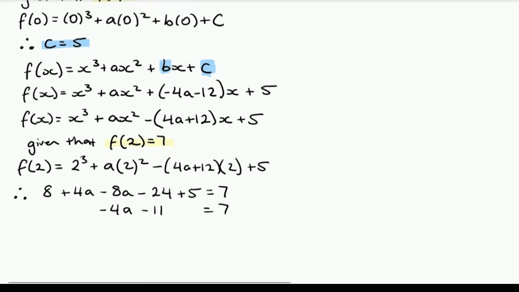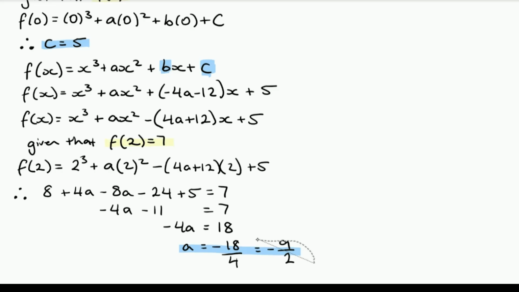Just making sure that my equal signs stay aligned. And getting this 11 to the other side gives me minus 4a is equal to 18. And then a is equal to minus 18 on 4, which of course simplifies down to minus 9 on 2. So there we go, now we found the value for our a.